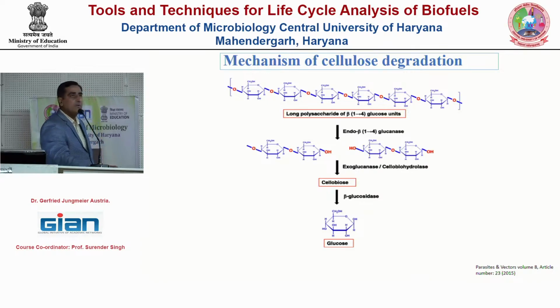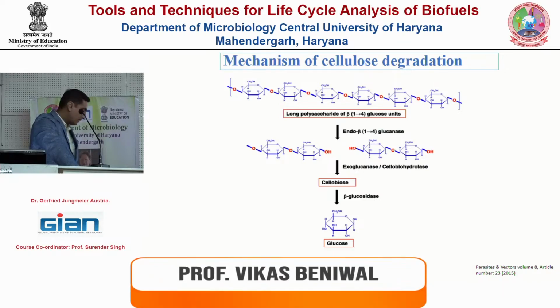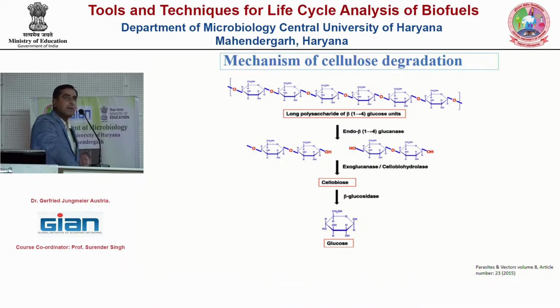The structure of cellulose is a polysaccharide, we all know, made up of repeating units of glucose, and the joining link is the beta-1,4 glycosidic linkage. Our main purpose is to break this beta-1,4 glycosidic linkage so that we can free the glucose, and then use that glucose to convert into ethanol.